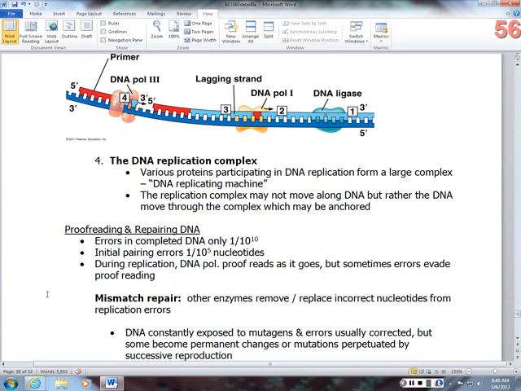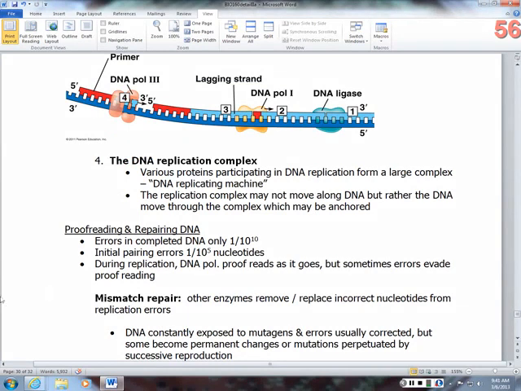So when you're moving things along at that rate, copying these little base pairs, errors happen in there. Fortunately, they don't happen that often. In completed DNA, there is only 1 in 10 to the 10th errors left in there. So we remove a lot of errors in there.